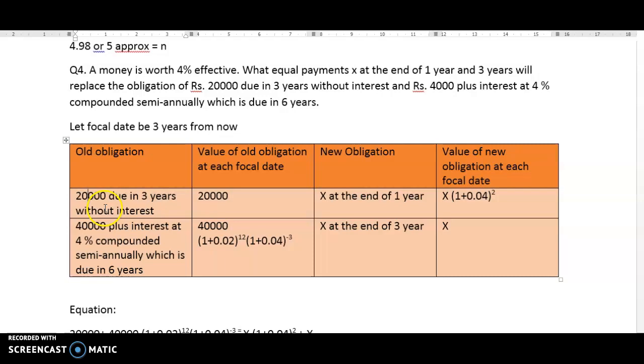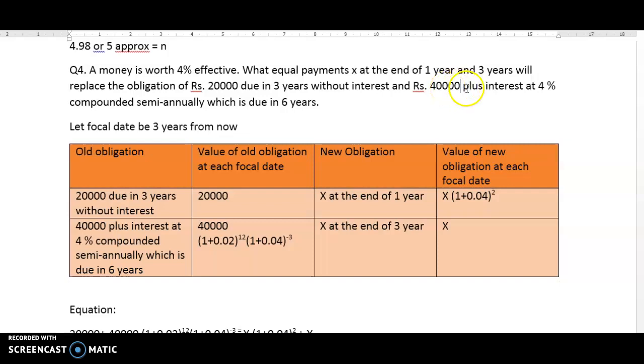So in this case we don't have to multiply this with anything because this 20,000 which is due in 3 years is without interest. So 3 years is my focal date and it is already after the end of third year. So the value is 20,000. I'm not going to multiply this with anything.